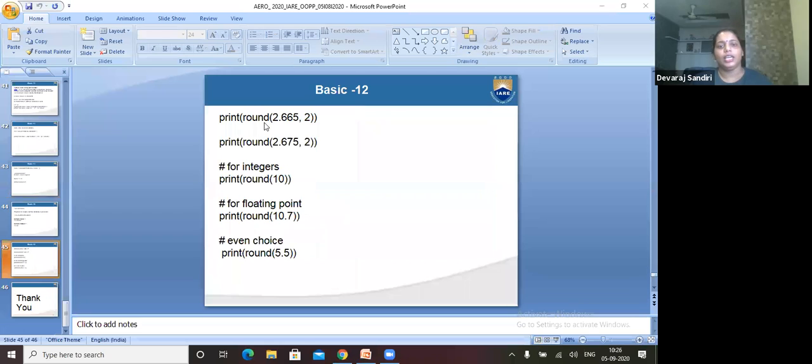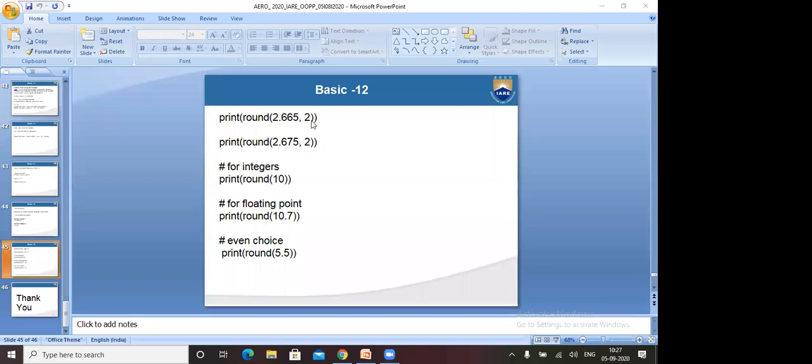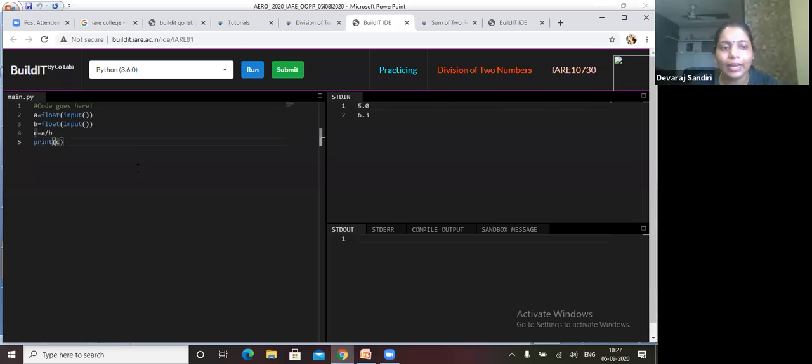See here, if you want to round off to two digits, or anything, we have to write print. What is the function name? Print round off our number, comma 2 or comma 3. How many numbers do you want? We will get it.